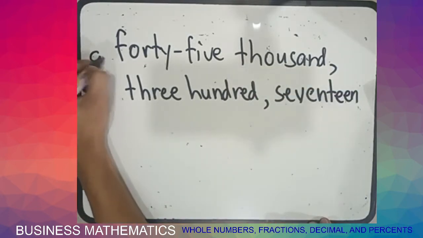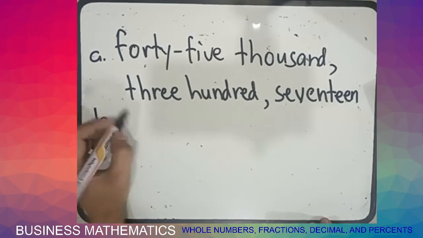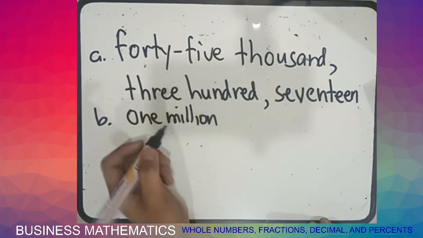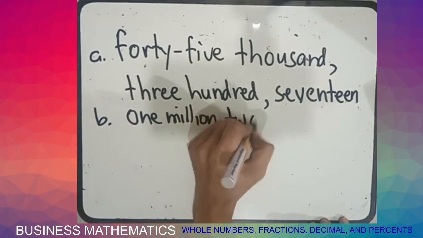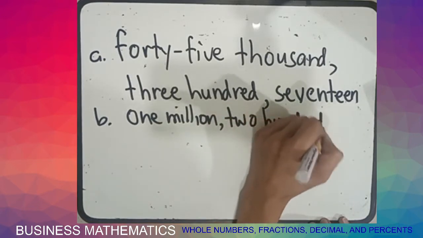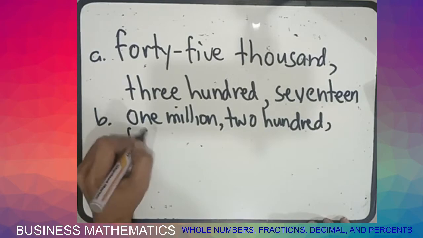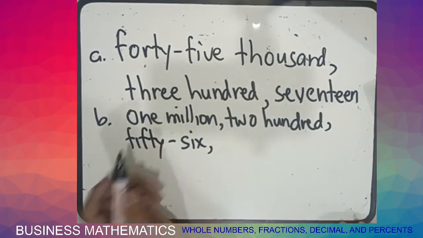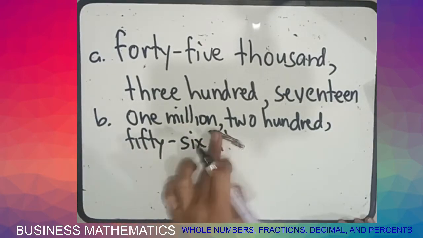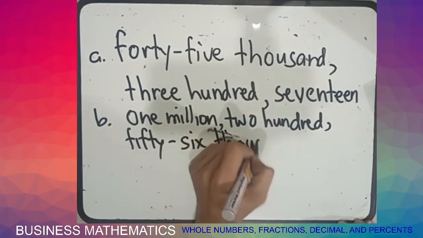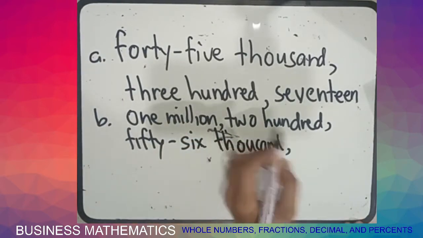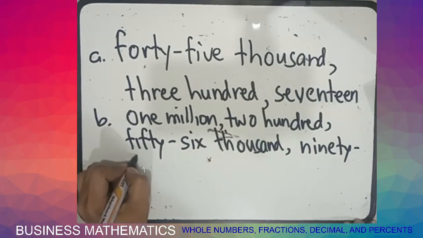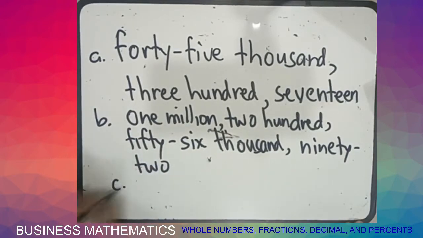Okay, ito yung letter A. Next, 1 million, comma ulit, 200, comma ulit, 56,000, wala pa lang point. Then 90, dash 2. Okay.